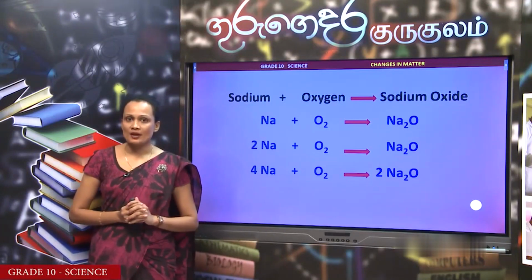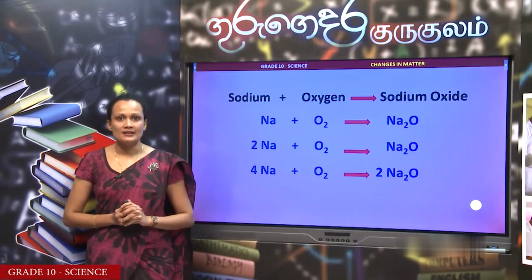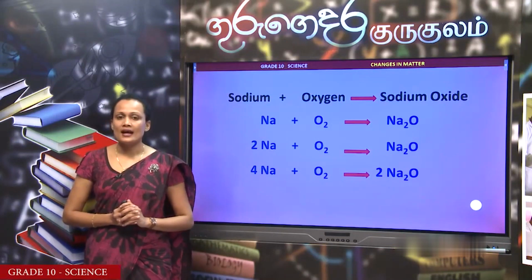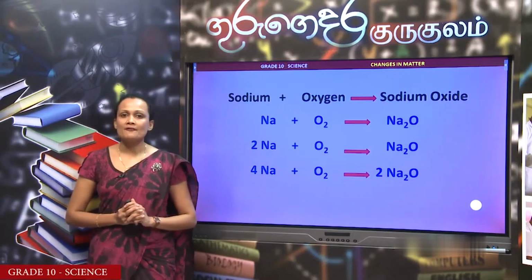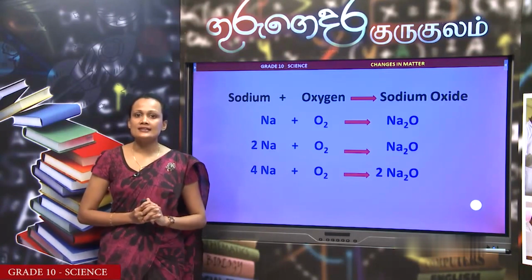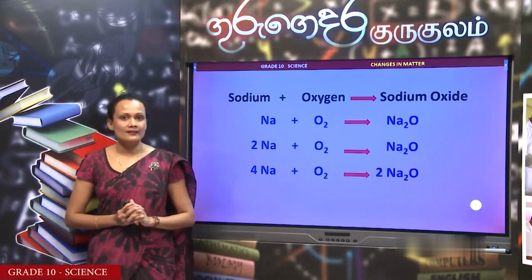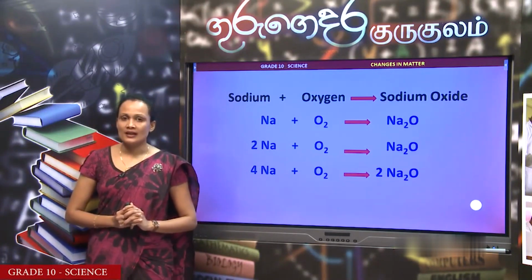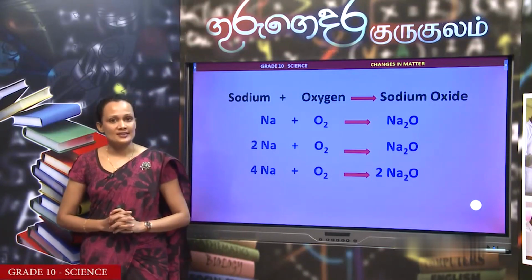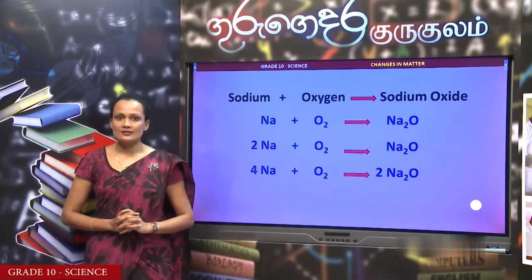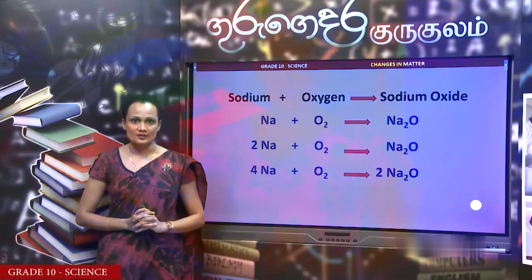First, we discussed matter, that means the things that have a mass and occupy space. After that, we discussed the states of matter: solid, liquid and gas. Then we discussed some examples for the physical changes and also the chemical changes.